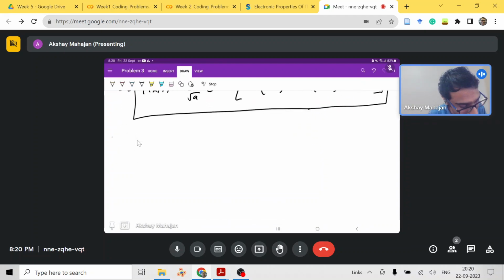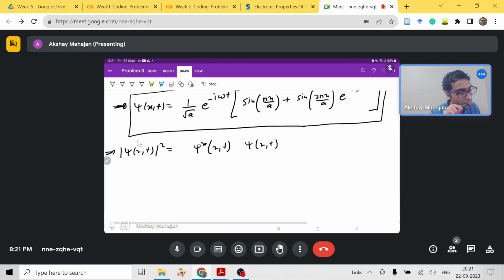Alright, now we have to find mod of ψ(x,t) whole square, which is basically ψ*(x,t) times ψ(x,t). Okay, we just have to take the complex conjugate.